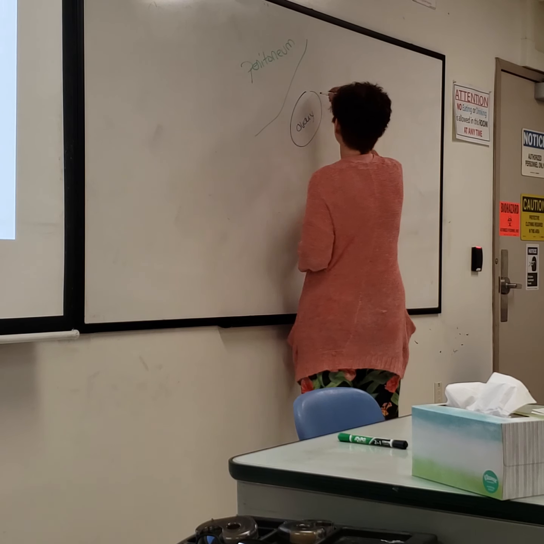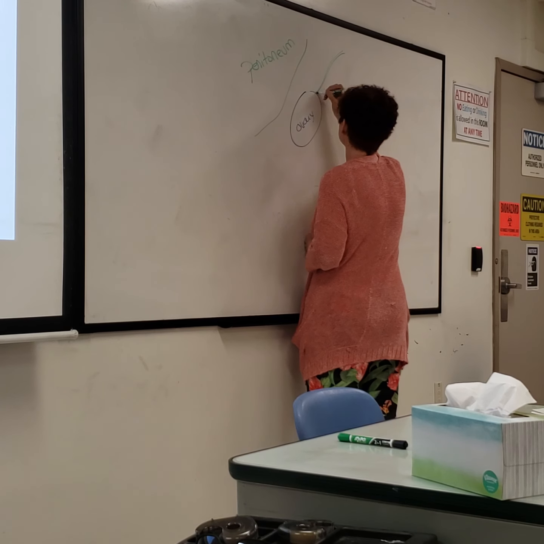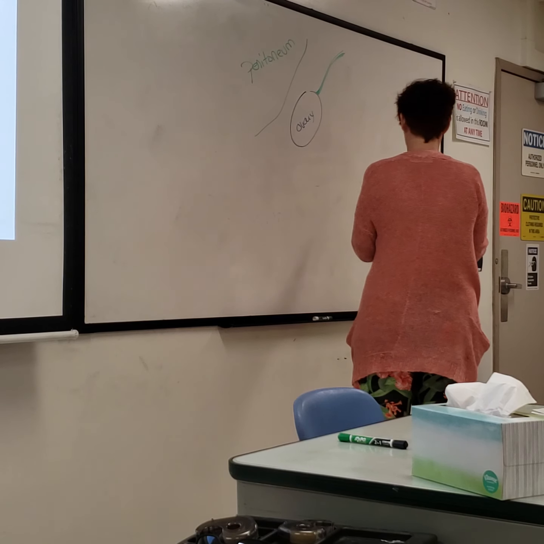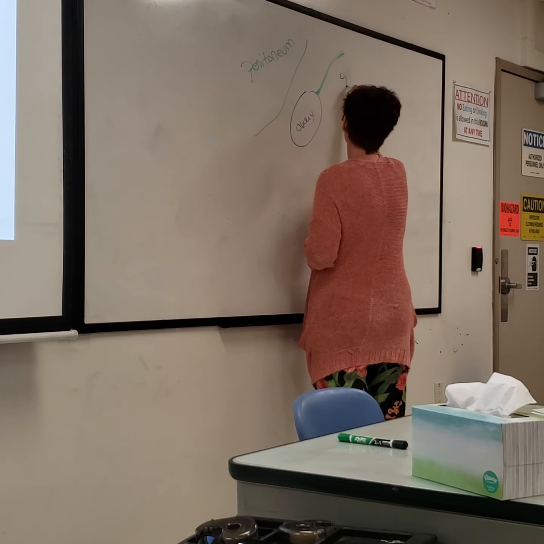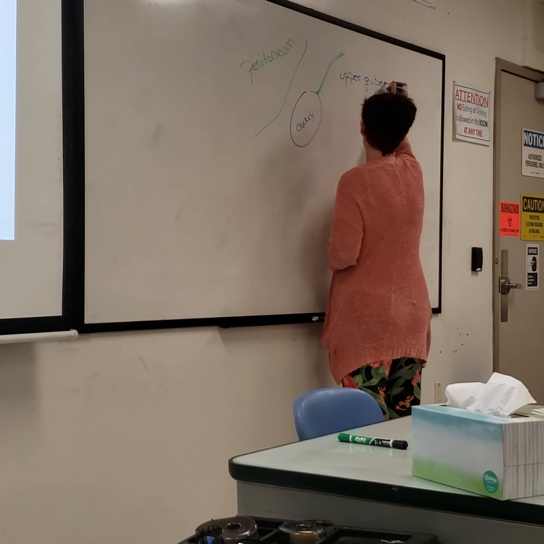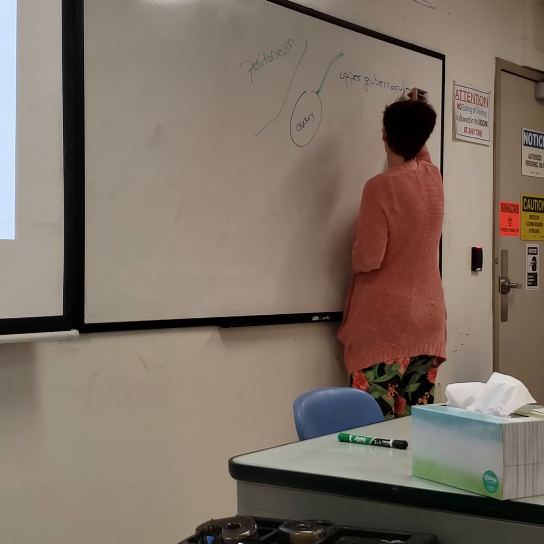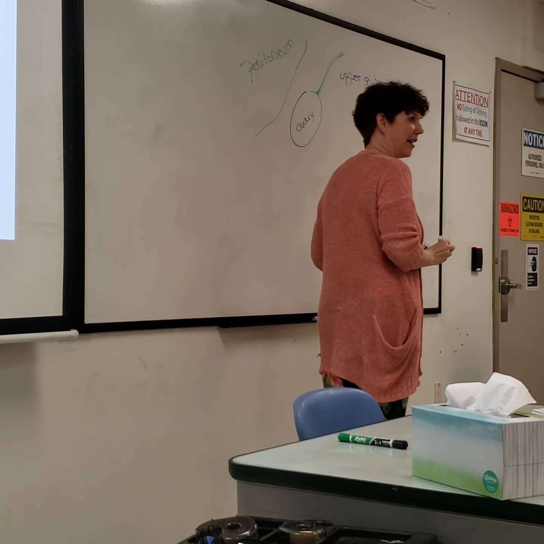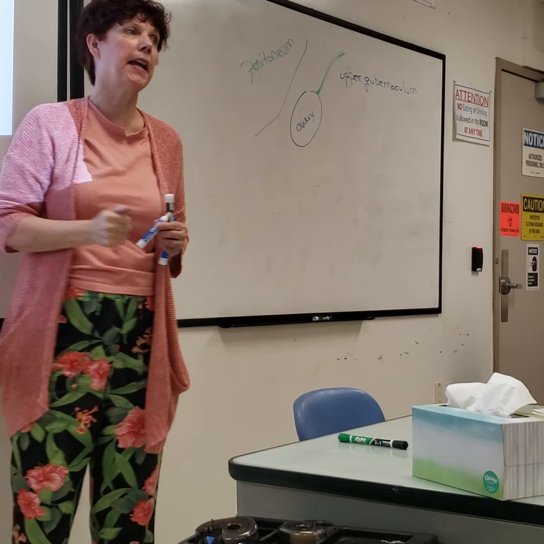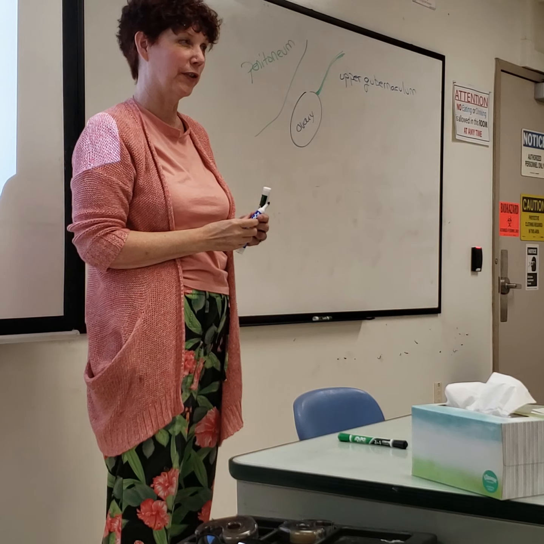Gubernaculum. But we have two. So this one is the upper. And it degenerated and disappeared in the male. It's going to remain in the female to become the suspensory ligament of the ovary.